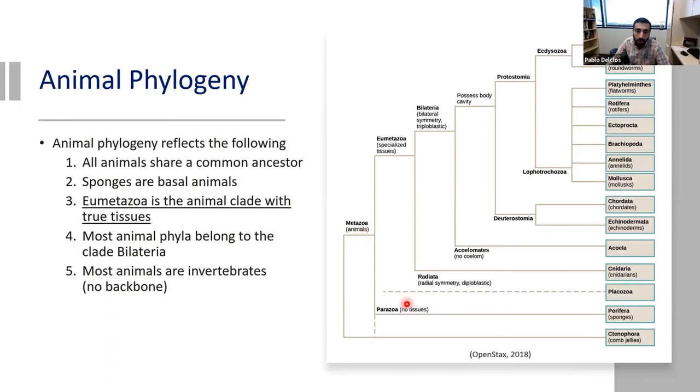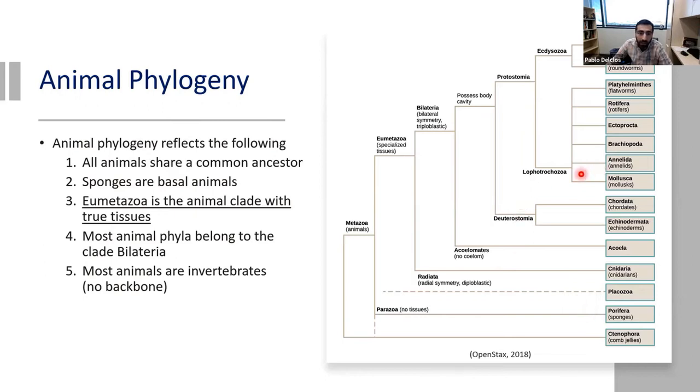So all animals essentially are metazoans. From there, we also have eumetazoans. Now, eumetazoans are the true tissued animals, and they are basically everything except for porifera, the sponges.